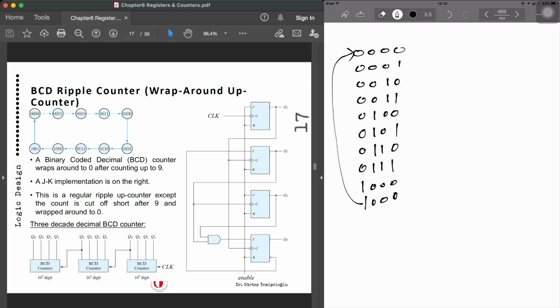Now, what we are going to look at is, as Q1 goes from 1 to 0 and Q8 is 0, this is actually going to be 1, right? So that's going to be 1.